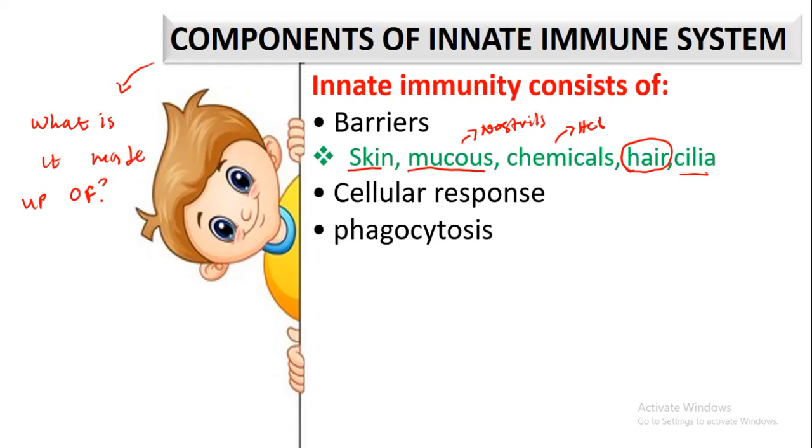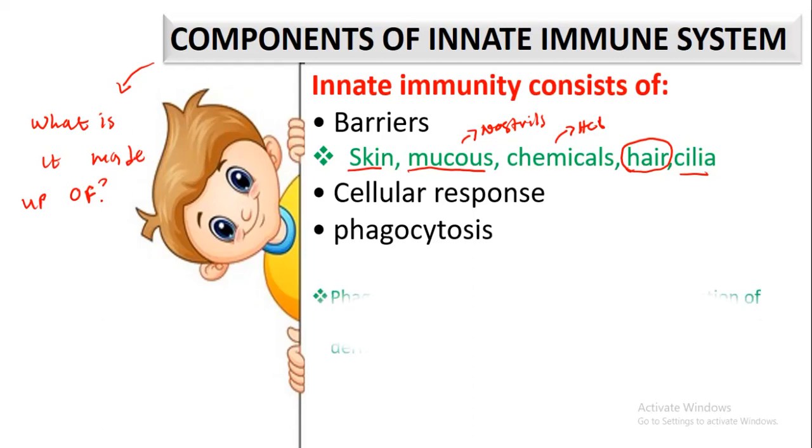Like I said in the previous slide, cells such as the macrophages and the neutrophils are able to recognize bacteria or a virus, and when they recognize it, they are able to either engulf it or get rid of it.